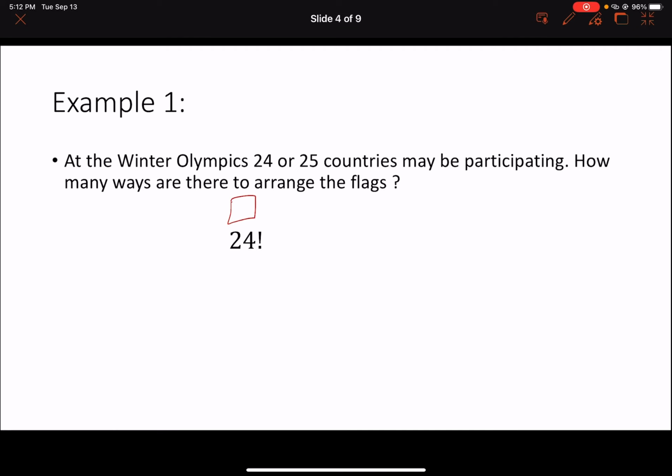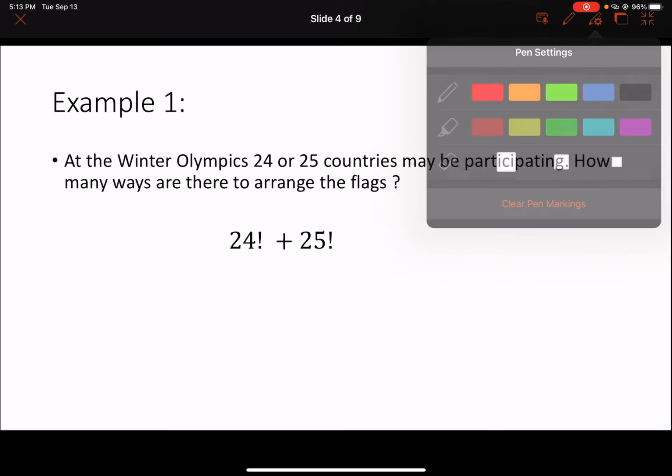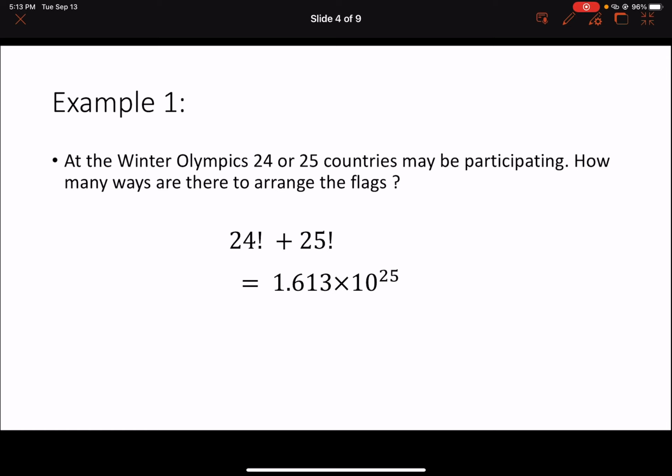If I have 24 spots, I can arrange one flag this way, the other flag, 23, and the remaining flags, I have 22 choices, which is 24 factorial. And then if I have 25 flags, that's simply 25 factorial. And so that's the answer.